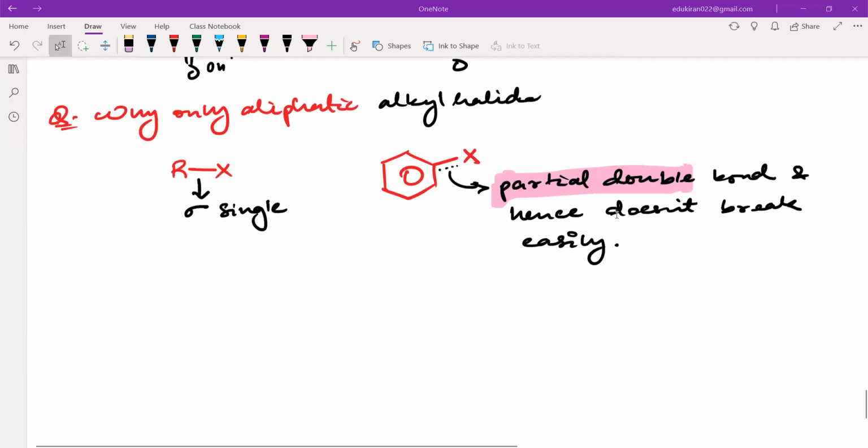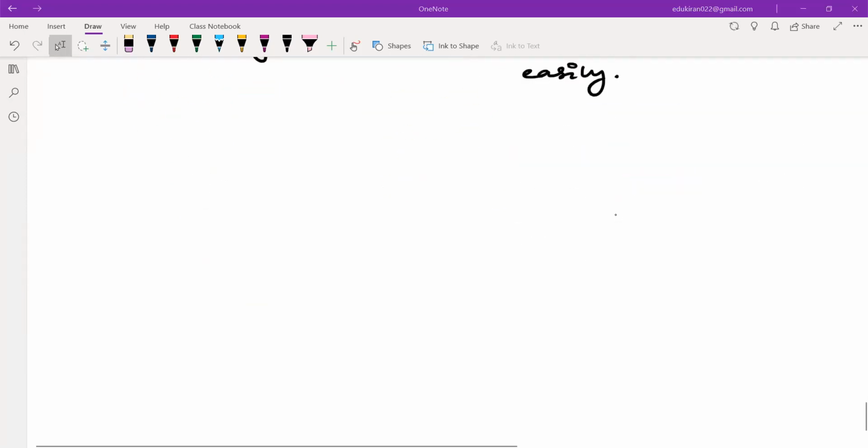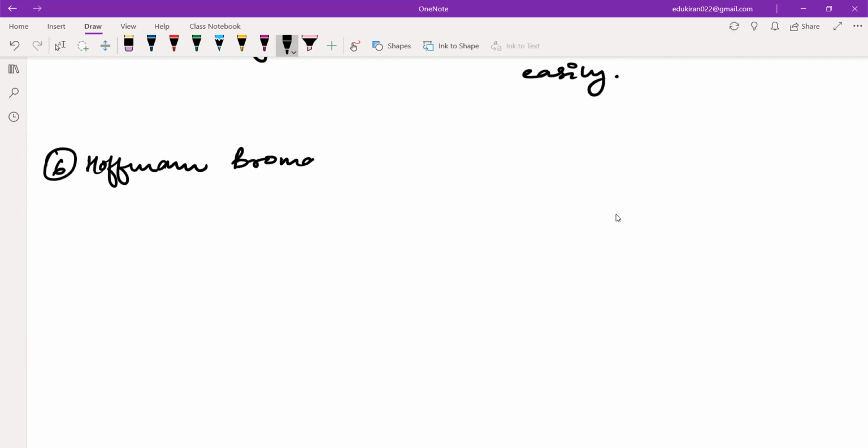Next is Hoffman bromamide degradation. First of all, Hoffman is the name of the scientist. Now bromamide.